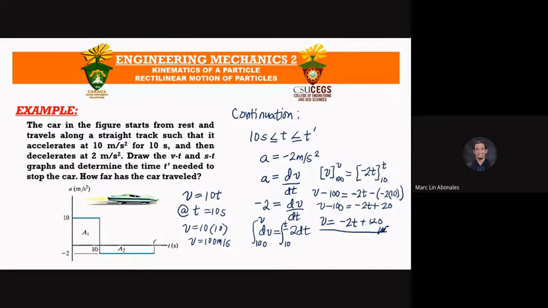The question in the problem is to determine the time t prime needed to stop the car. So what does that mean, if the time we are looking for is for the car to stop? What can we do to determine the time?